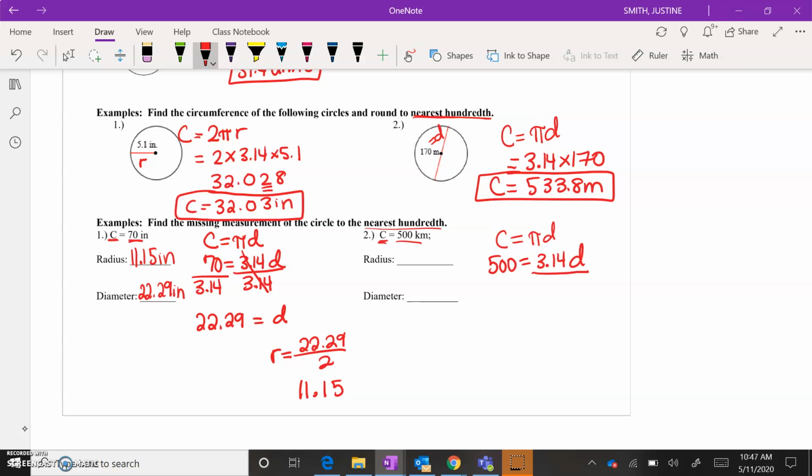So this is being multiplied, so to undo multiplication, the inverse operation there is division. Okay, so I'm going to do 500 divided by 3.14, and it gives me 159.235. So 159.235 would be 159.24 when I round it.